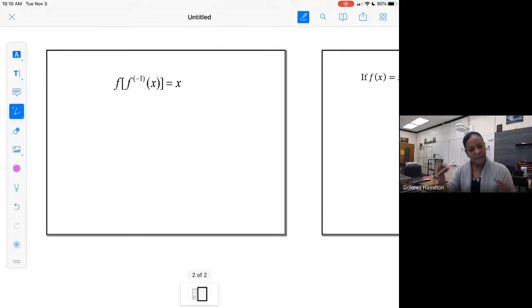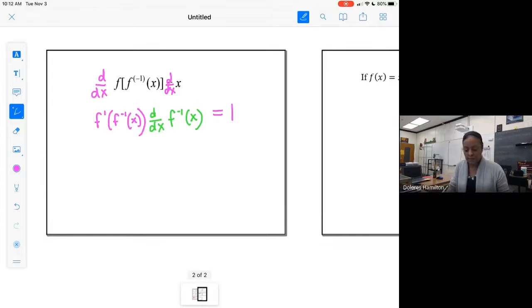This is sort of a messy notation, but we'll get through it. We're going to use that same f of f inverse of x has to equal x. So step one, we're going to take the derivative of both sides, which gives us 1 on the right. And on the left, this is our chain rule, we get f prime of f inverse of x times what we're looking for, that green, the derivative of the inverse.